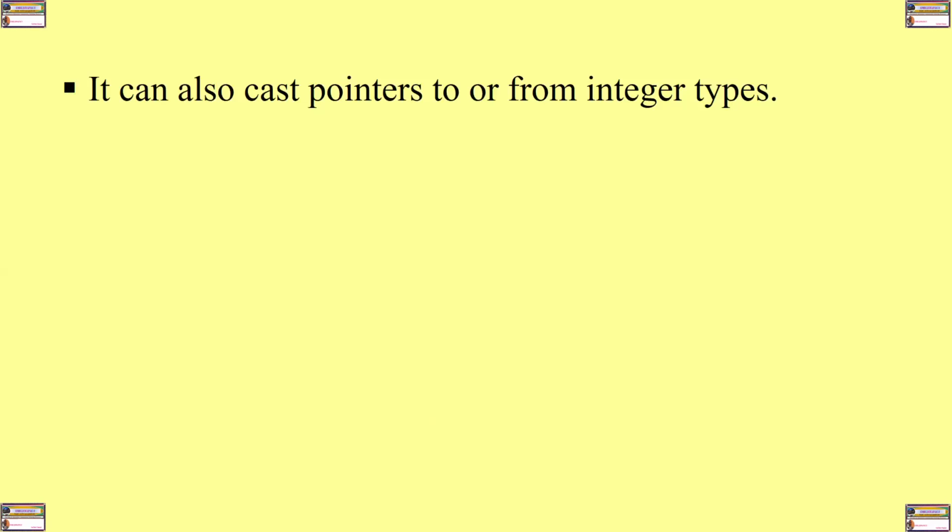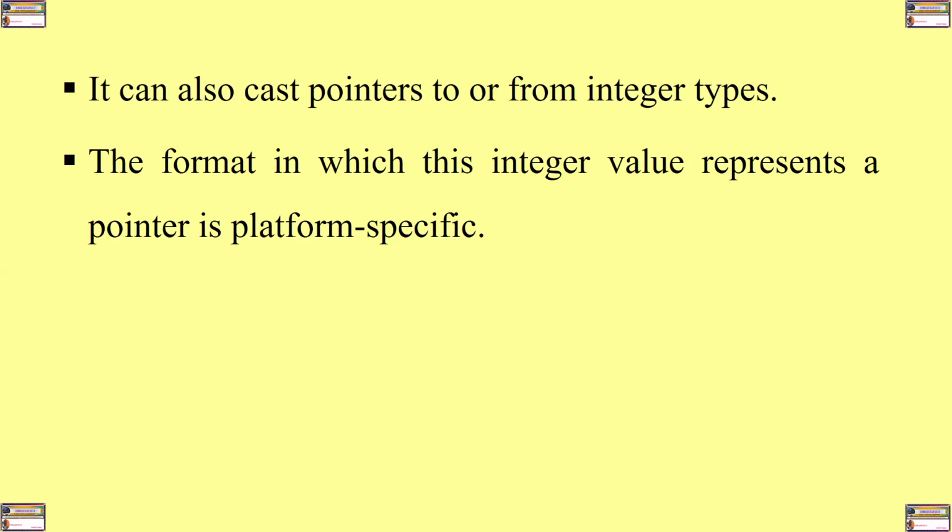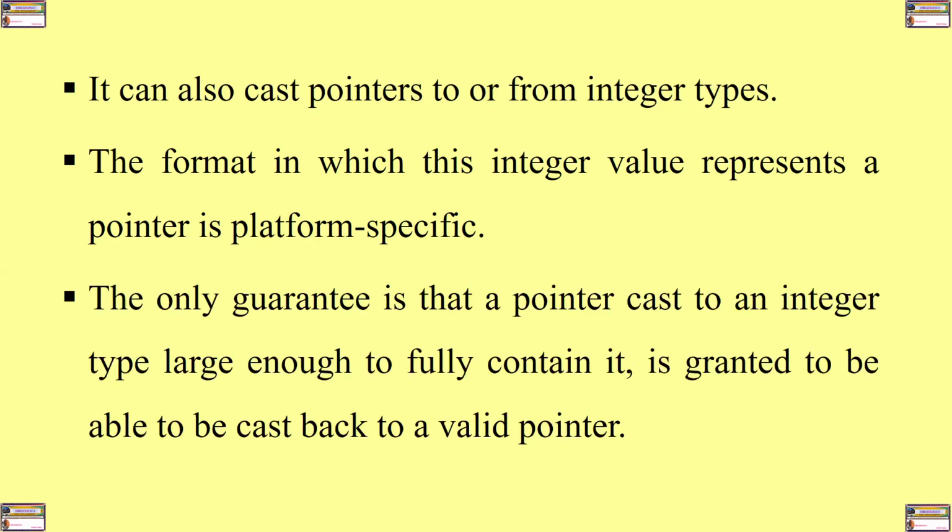It can also cast pointers to or from integer types. The format in which this integer value represents a pointer is platform specific. The only guarantee is that a pointer cast to an integer type large enough to fully contain it is guaranteed to be able to be cast back to a valid pointer.